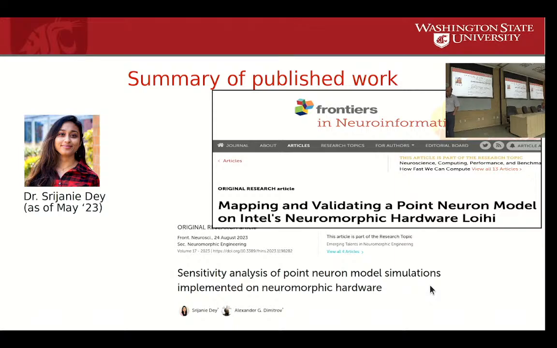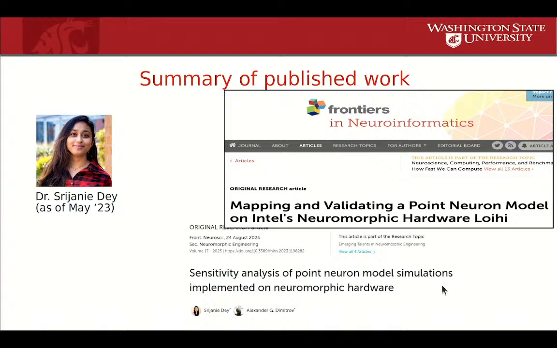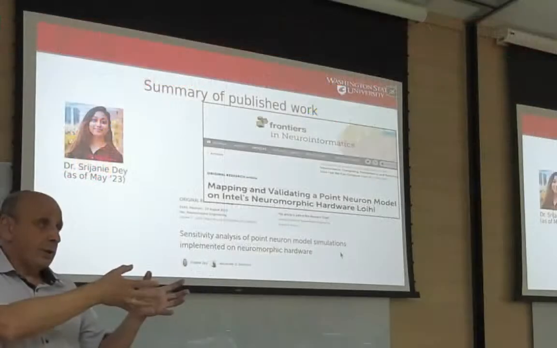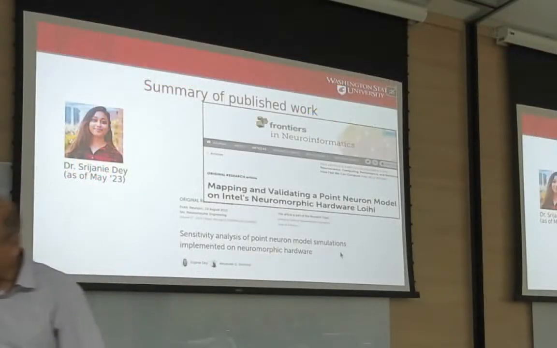I'll summarize some of our published work. Part of it was mapping and validating the individual neurons on the hardware, and part of it was looking at the sensitivity of those maps, how sensitive is the neuromorphic simulated dynamics to changes in parameters as compared to the standard simulations.